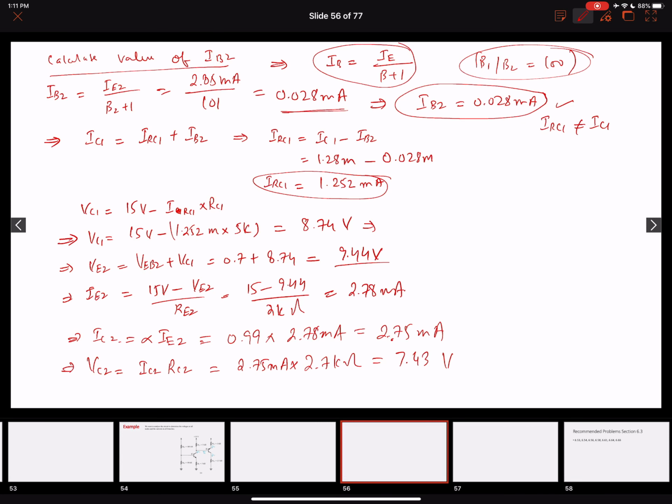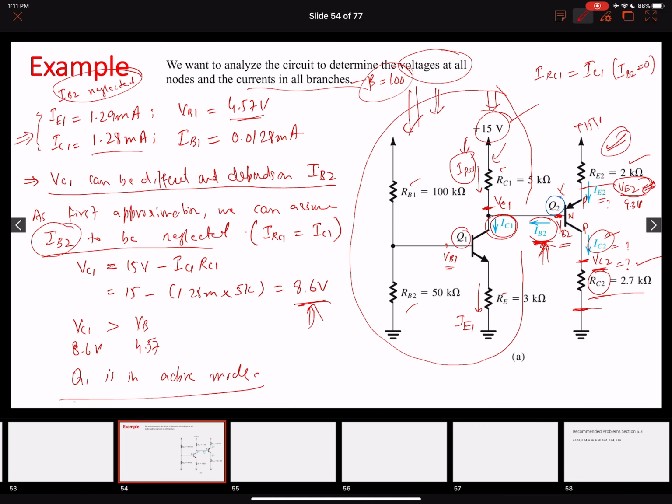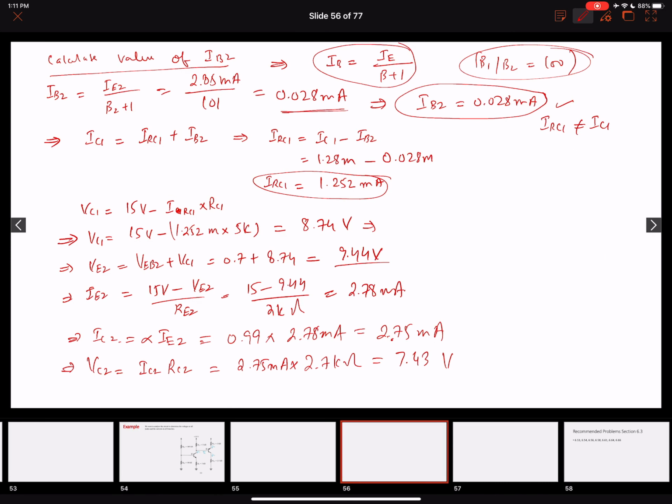Once we got our value of the base current, this means that our current flowing through RC1 should not be equal to IC1 because we have a base current flowing. This means that we need to find a new value of the collector voltage. So this is what we ended up doing.